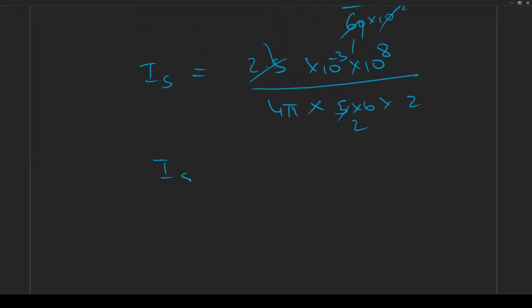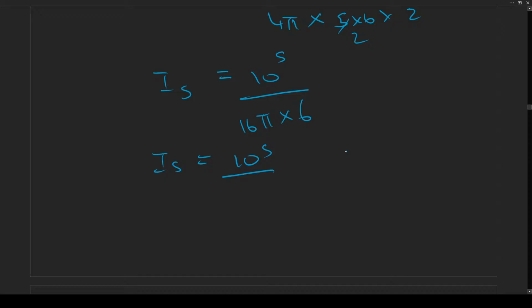We will get I_s, which is equals to 10 power 5 by 4 pi. 4 twos are 8, 8 twos are 16, 16 pi times 6 is equals to 10 power 5 by 96, where I_s is equals to 96 times 3 actually.